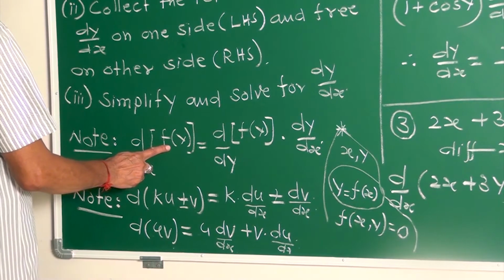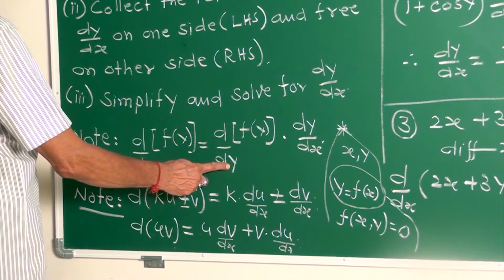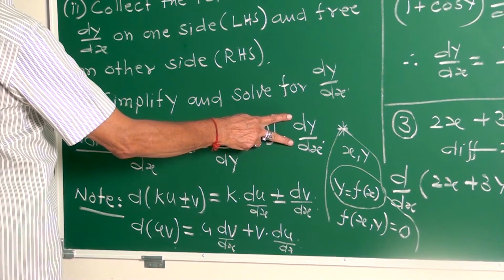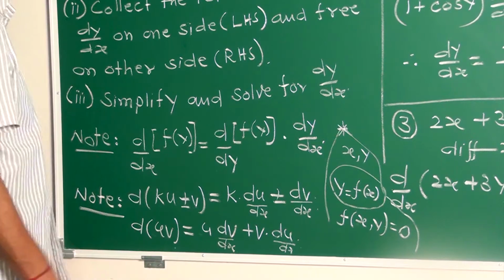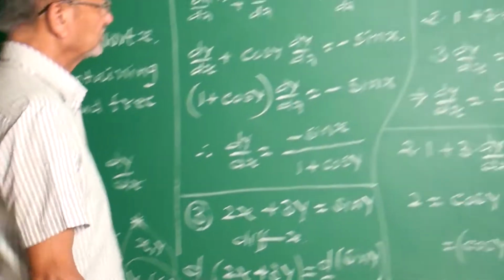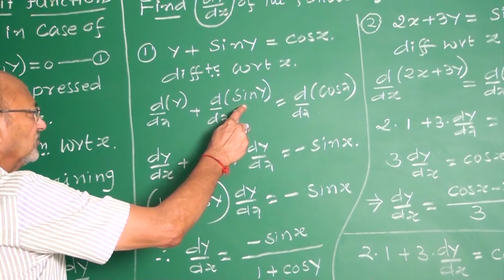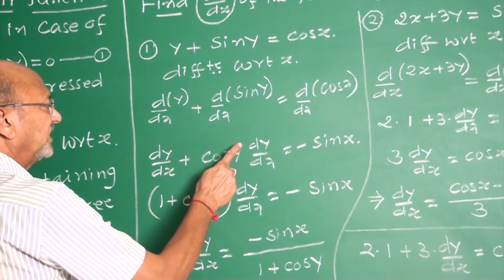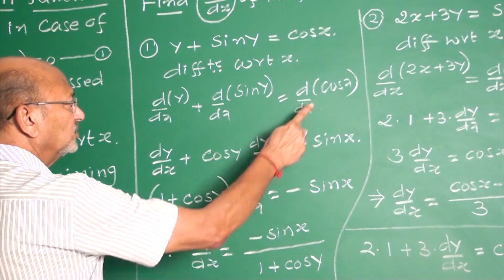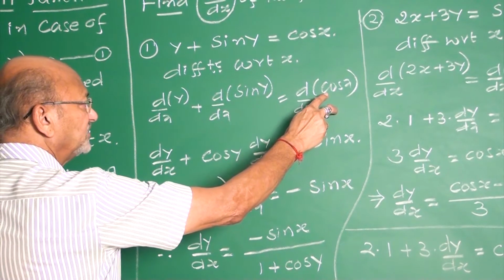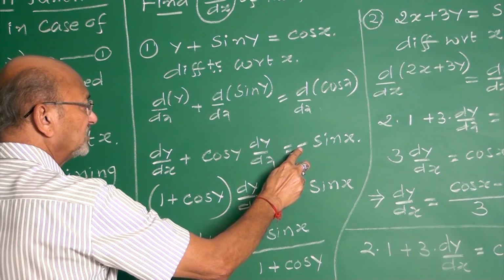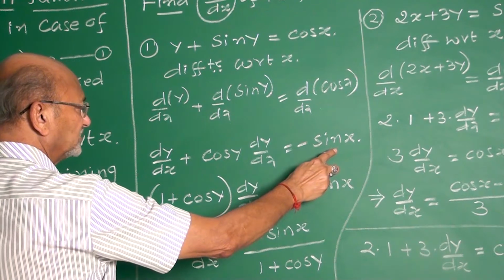First differentiate this function with respect to y, then y with respect to x. Sin y, first with respect to y, then y with respect to x, equal to the derivative of cos x, where c means sign change, minus sin x.